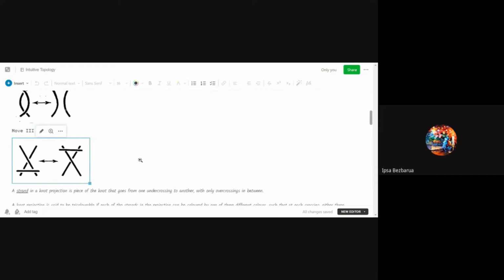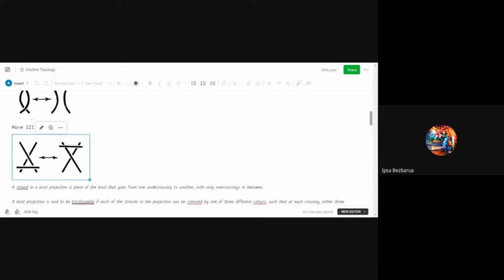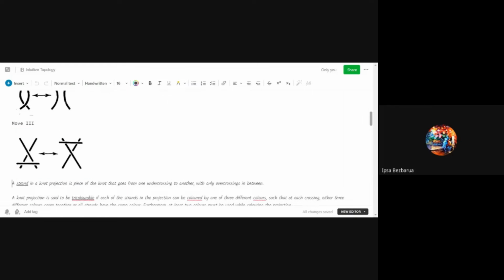And move number three is you have two strands of the knot, one on top of the other, and you have a third strand on top of them, and you're just sliding the third strand. These are the only possible moves that you can perform. All other moves that are used to deform a knot will be a combination of these moves.